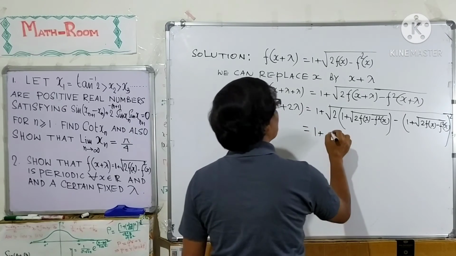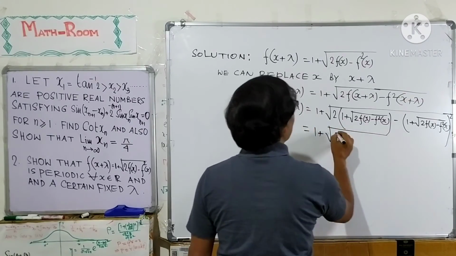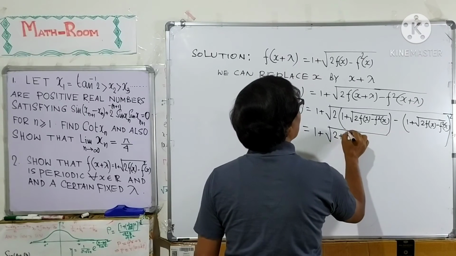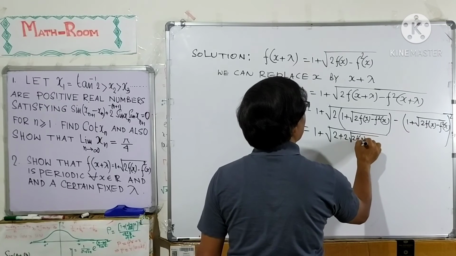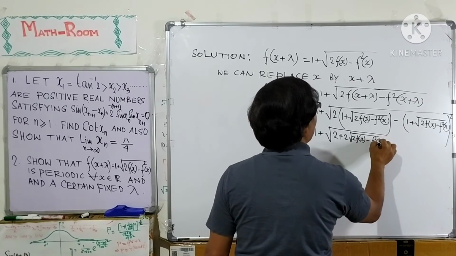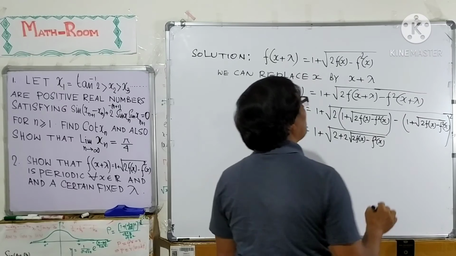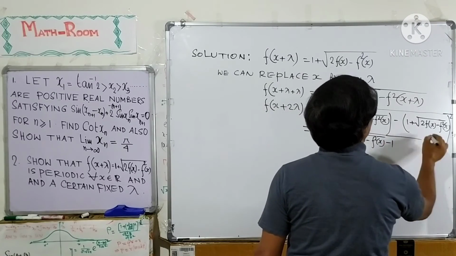So we can get 2 plus 2 square root of 2 f x minus f square x, minus 1.